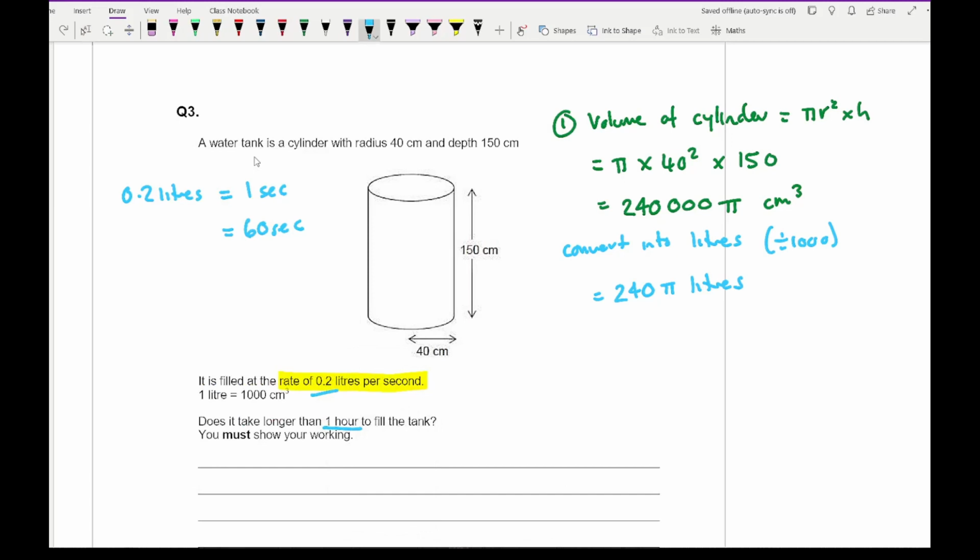So I'm going to get 12 litres in 1 minute. And that's what I'm going to work with. So the rate is actually 12 litres per minute.